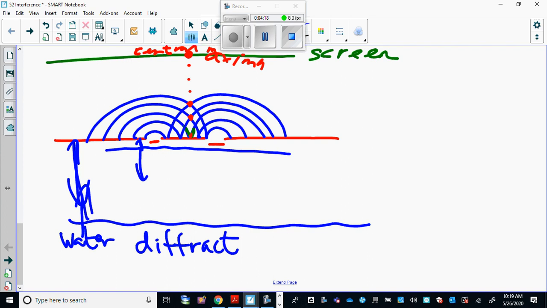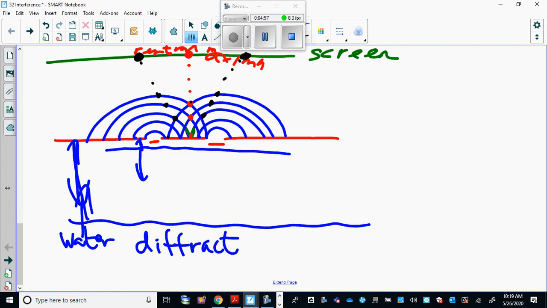Now, if I keep extending that, let's go to black here. Those are points of constructive interference. Well, here's another point of constructive interference, and there's going to be another one there, and another one there, and those are going to produce another point of constructive interference somewhere there. And then the same over here. You're going to have one here, and then one here. So you're going to have two other points on either side of the central maximum where you can have all this constructive interference, and what you get is called an interference pattern.